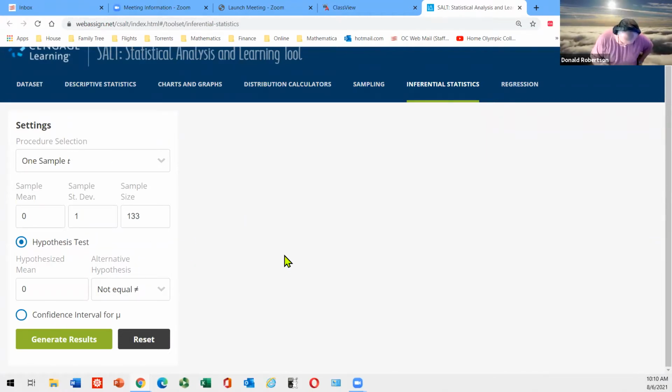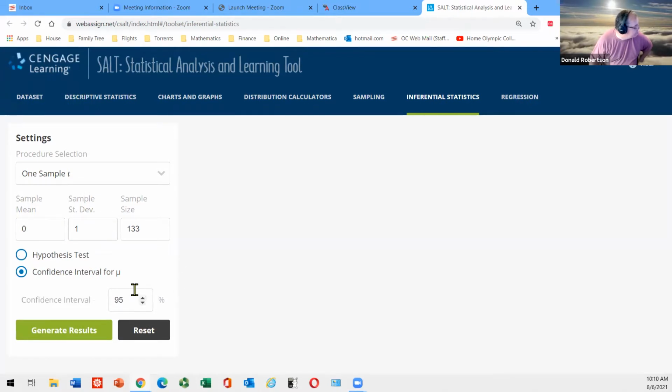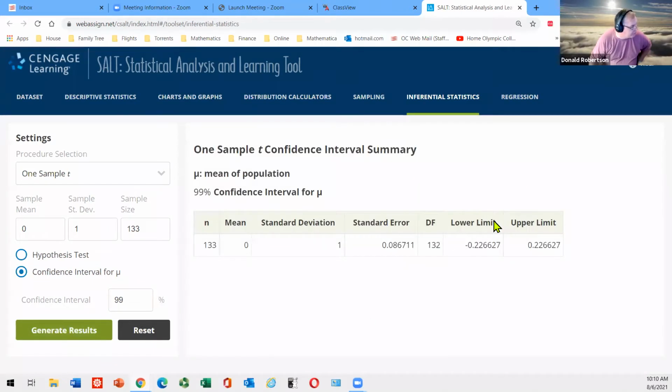We're trying to find the t-score for a 99% confidence interval. So when that's the case, you make this 0, you make that 1, you do a confidence interval. And you put in, what was it, 99, and you do a generate result.